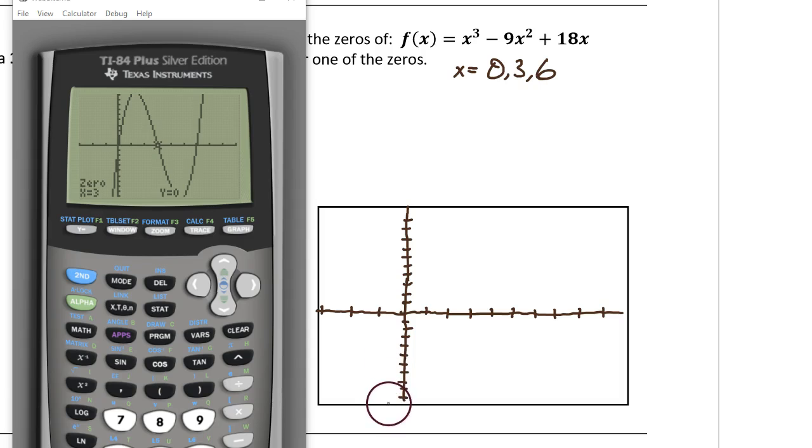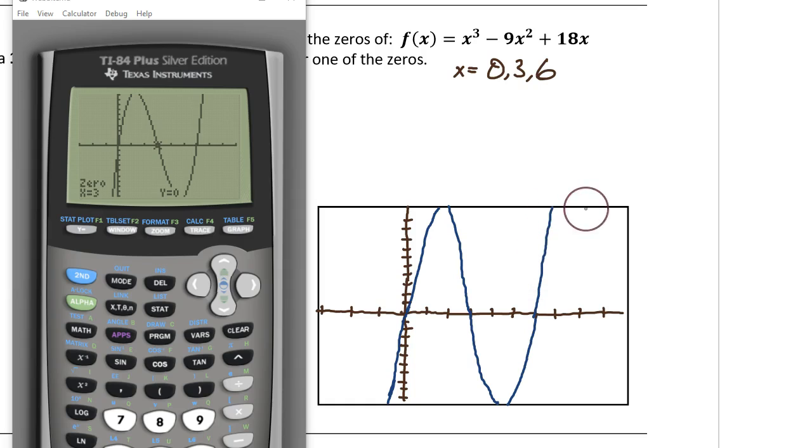The curve starts here at the bottom of the screen, comes up through the origin, and goes off the top of the screen where it's going to curve back around, kind of like a parabola shape, and then start to come down so that it crosses through 3. It continues on down and goes off the bottom of the screen. It curves around and comes back upwards, crossing through the x-axis at 6, and continues on off the top of the screen.